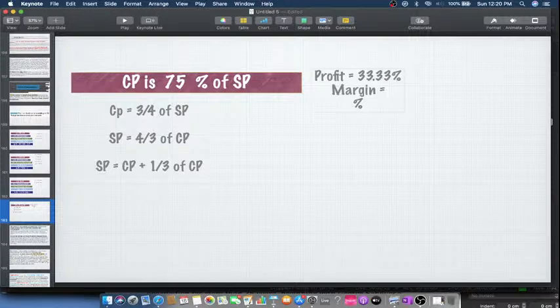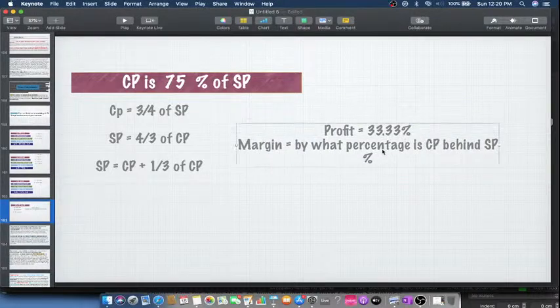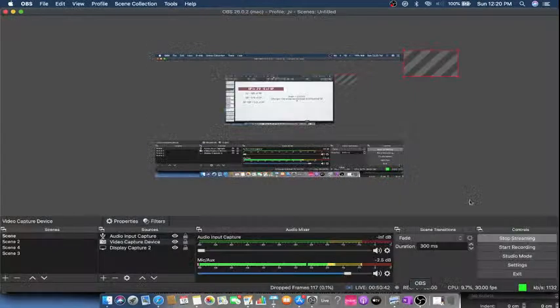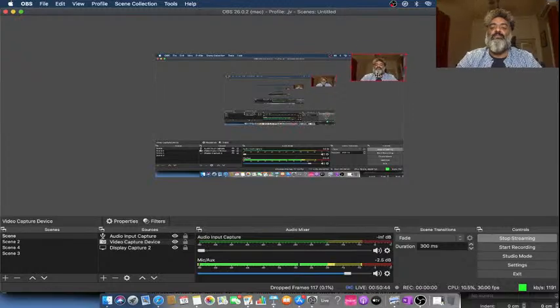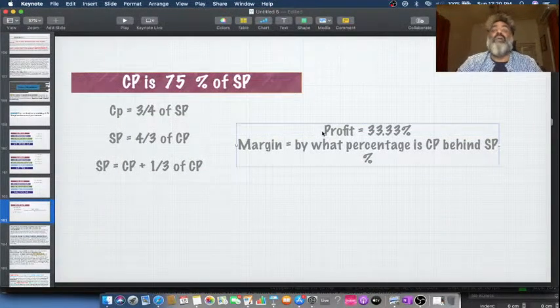Margin is by what percentage CP is behind SP. Profit percentage was by what percentage SP is ahead of CP. Margin percentage is by what percentage the CP is behind SP.